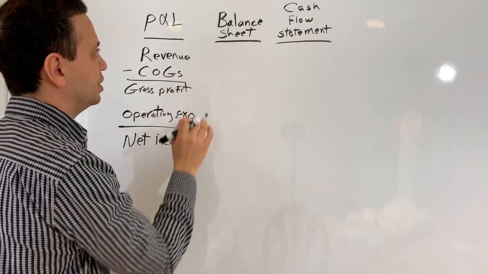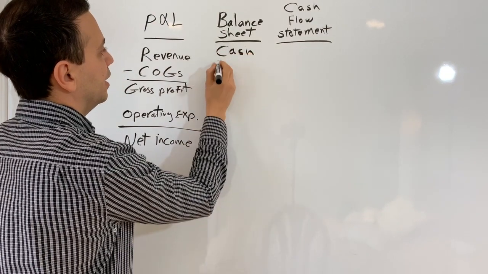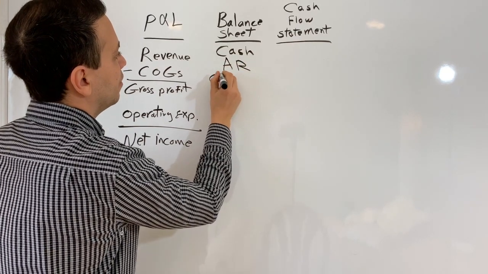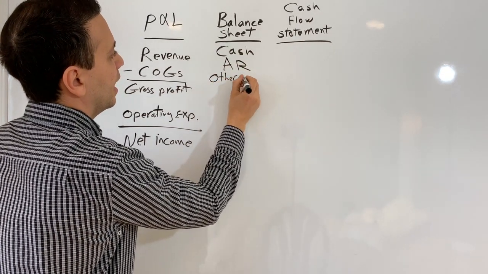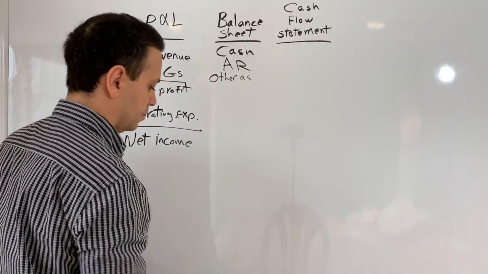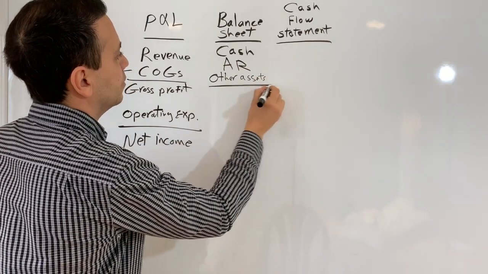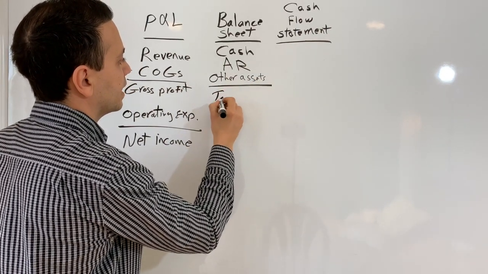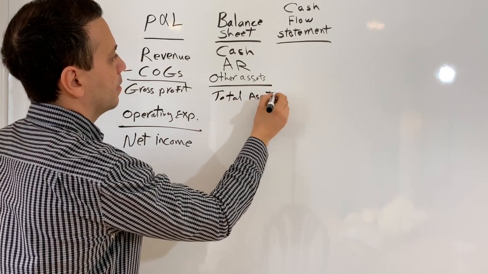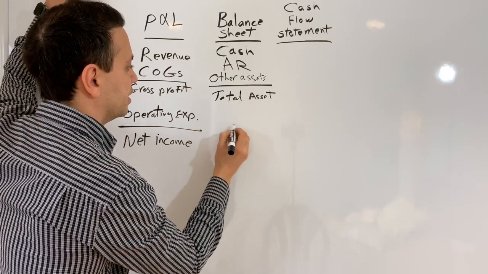And then on the balance sheet side, typically you have cash and you have AR or accounts receivable, and then you have other assets. Equals total assets. And then on the other side of the balance sheet, you'll have the liabilities and the equity.